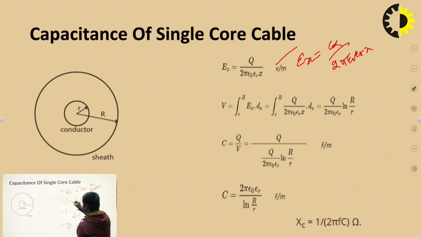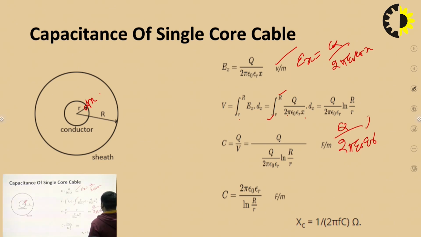So V equals the integral of Ex into dx, taken from r to R, which is Q divided by 2 pi epsilon naught into epsilon r, taken outside, into dx. So V equals Q upon 2 pi epsilon naught epsilon r ln R by r.